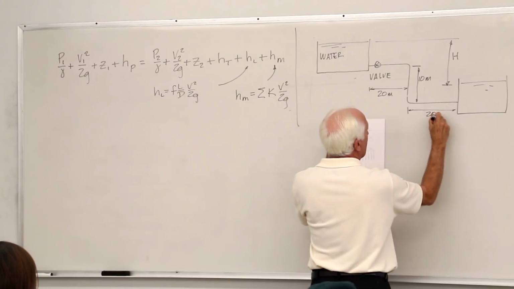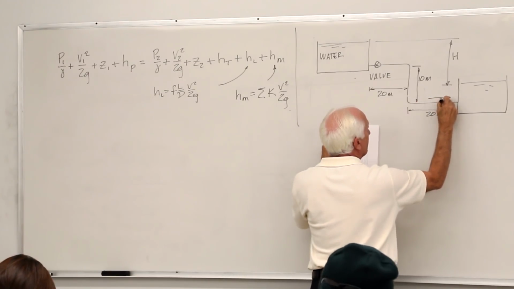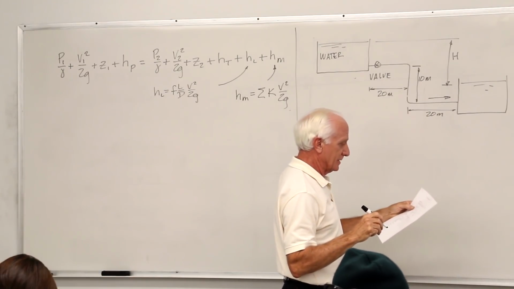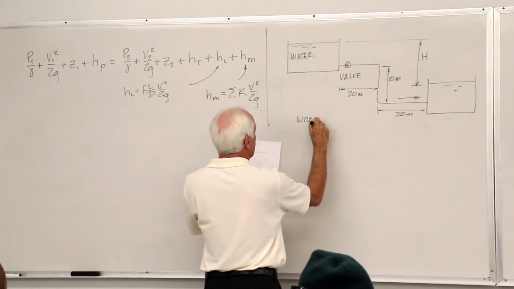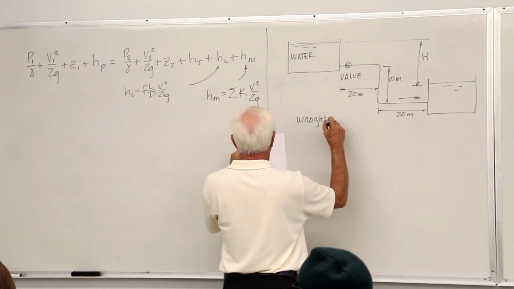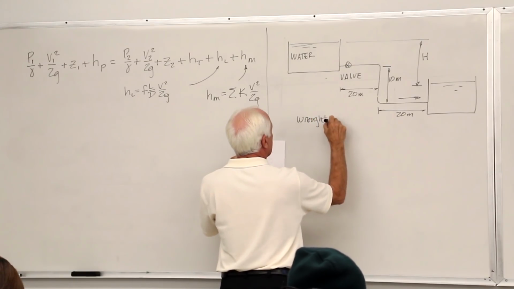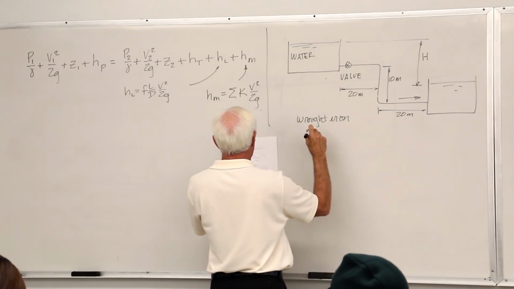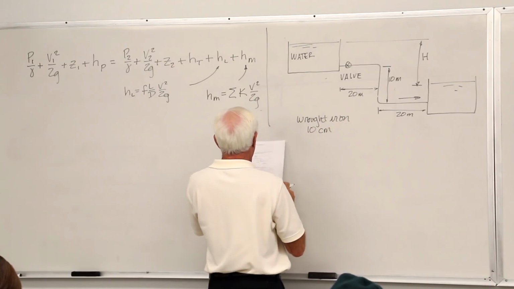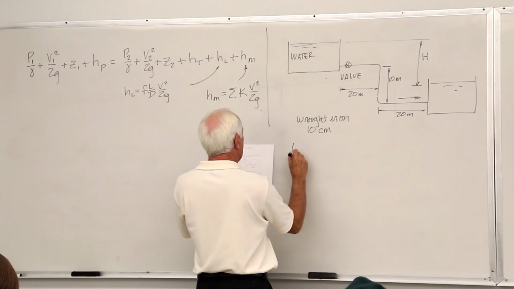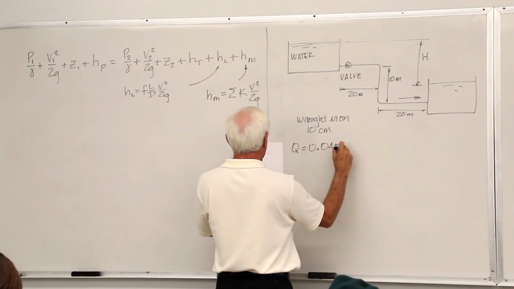Of course, the water's going to be flowing down from the upper reservoir to the lower reservoir, so the flow direction is like that. The pipe is wrought iron. It has a diameter of 10 centimeters. The flow rate Q is equal to 0.04.